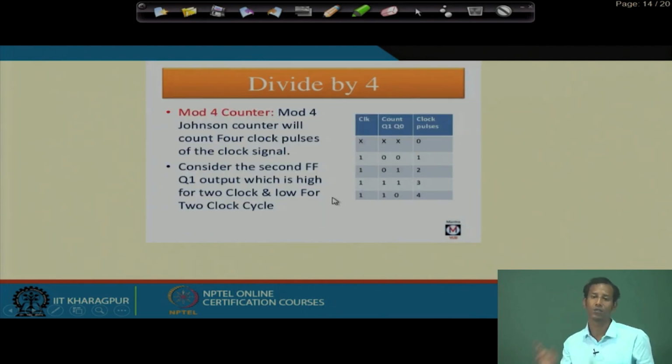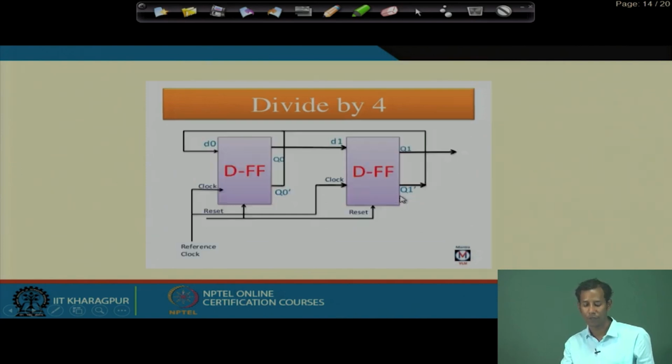For divide by 2 we need a mod 2 counter; here we need a mod 4 counter. So, mod 4 counter means the last count will be 1 1 0, where Q 0 is connected to D 0 and Q 1 is also connected to D 1.